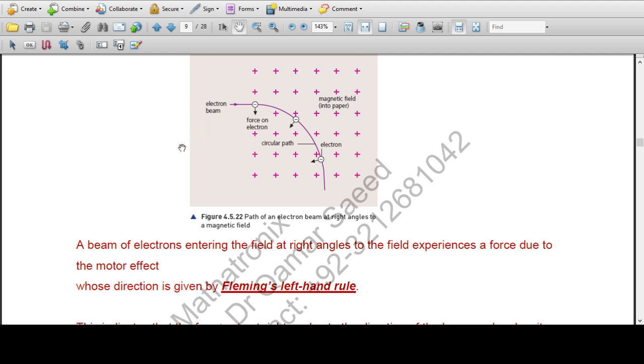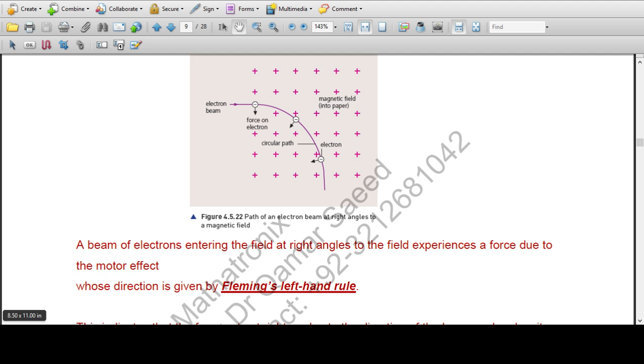Using Fleming's left hand rule, if we put the left hand and point the first finger inside the page, the second finger will point to the left side, while the thumb will point in the downward direction.